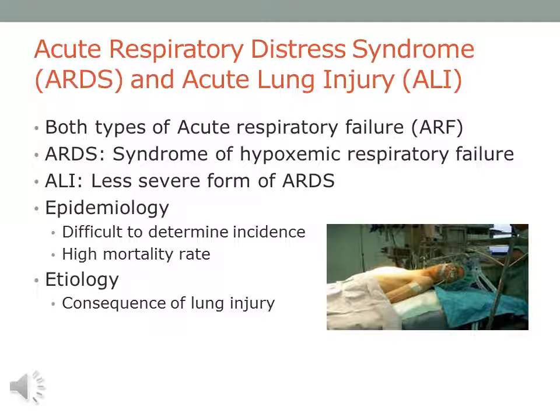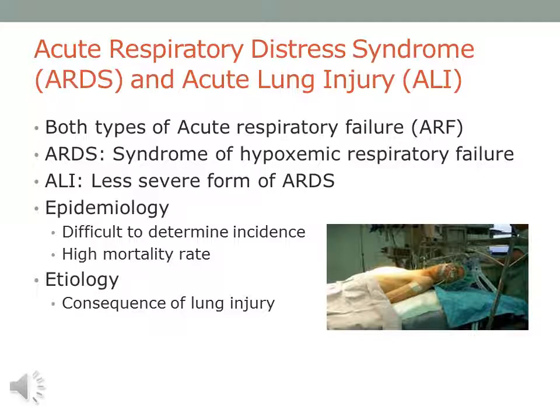Usually when we have respiratory failure, our patients are going to die from multiple organ failure because remember, all of the cells in the body are not getting oxygen. So our patients will usually die because of an organ failure system versus actually dying from respiratory failure. The one thing that is easy to determine is the etiology of acute respiratory failure.